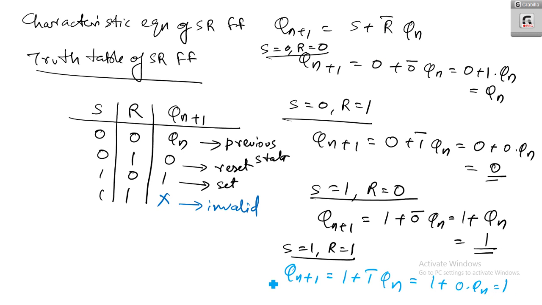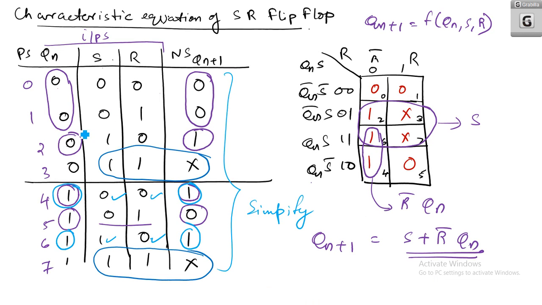But actually this is not the actual thing. So when S and R is equal to 1, you have to check for that condition. That means when S is equal to 1 and R is equal to 1, Qn plus 1 is don't care. So you have to go with such a condition.